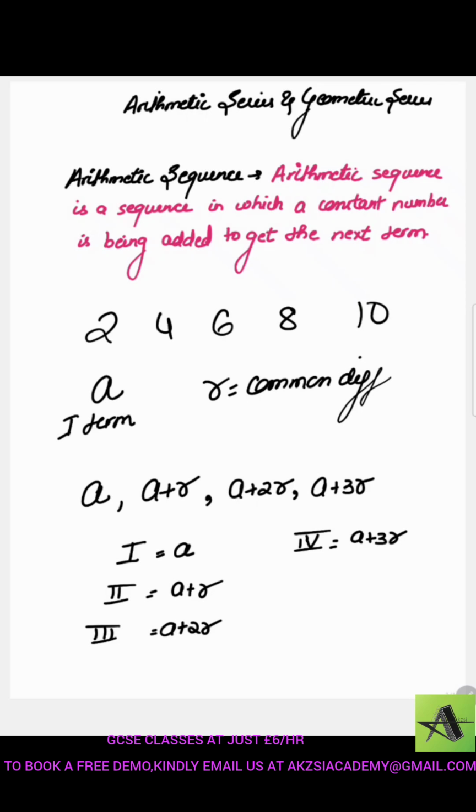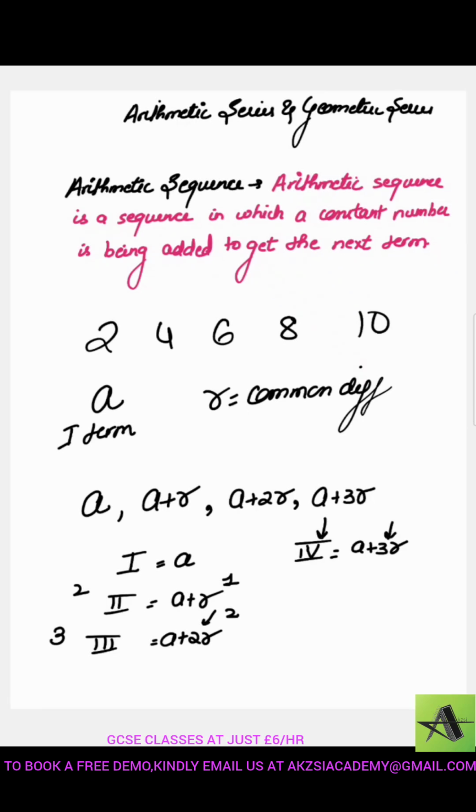And there is a common thing that you can see. When my term is second, the coefficient of R is 1 less than it. That means if this is 2, this is 1. When the term is 3, the coefficient of R is 2. When the term is 4, the coefficient of R is 3.